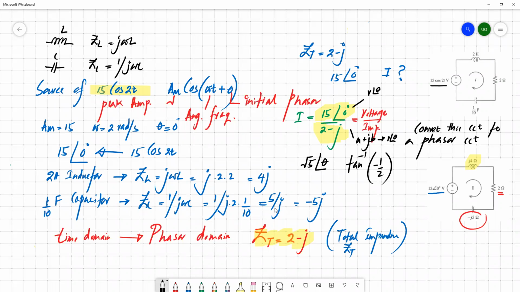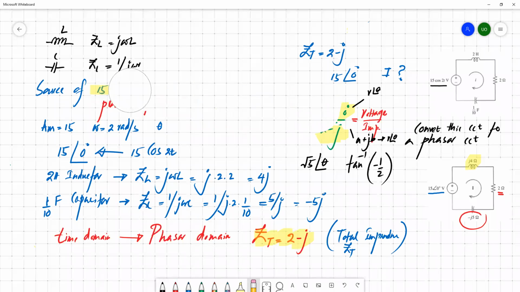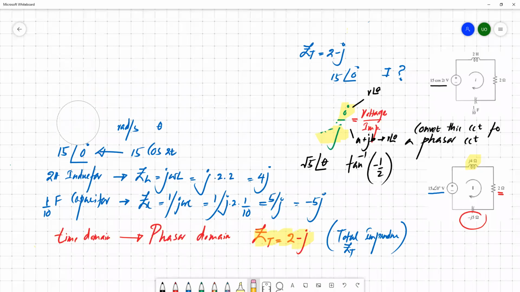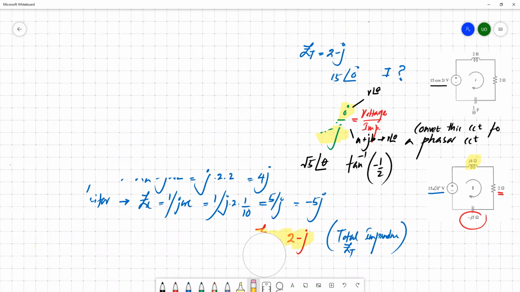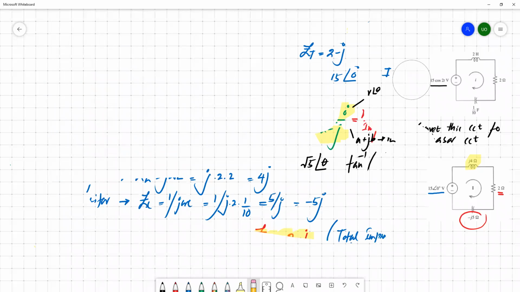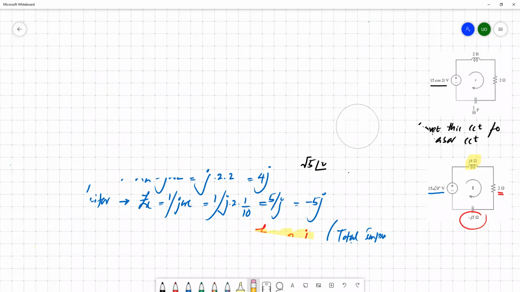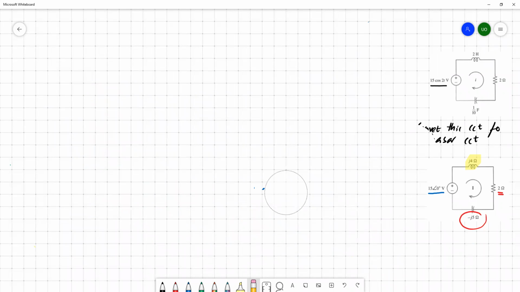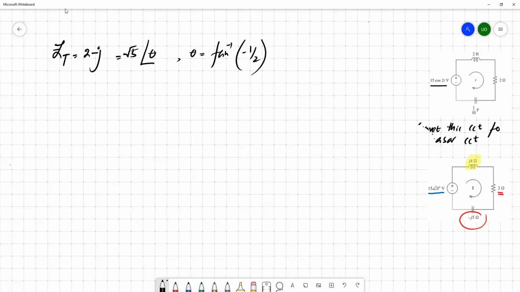So you just substitute it here. Now we convert this ZT, 2 minus j, into root 5 at angle theta, where theta equals tan inverse minus half.